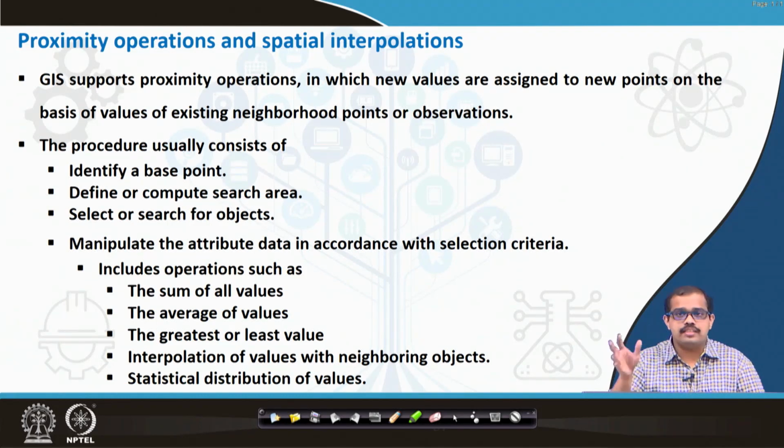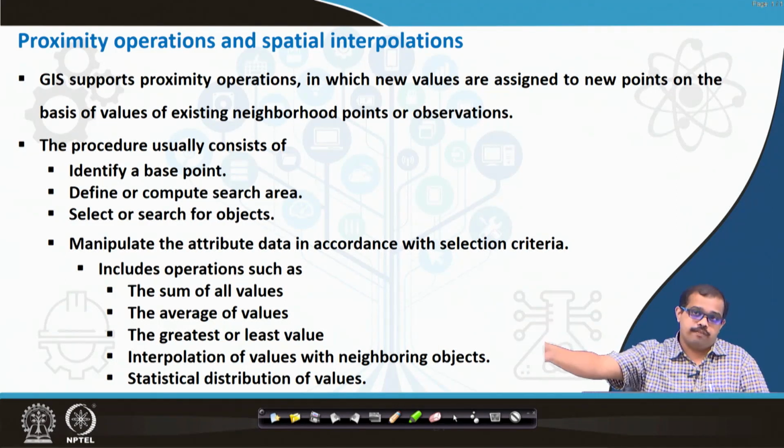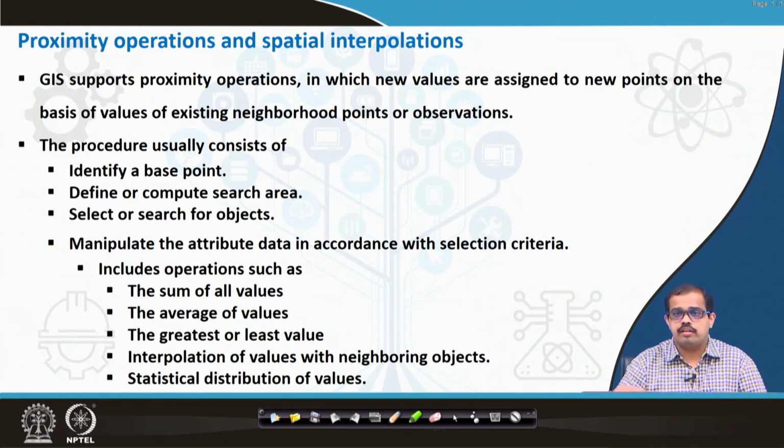It may be useful in various kinds of analysis. For example, someone is trying to relate vegetation with rainfall, or different kinds of vegetation with rainfall. It may be evergreen forest, coniferous forest, or just open land.